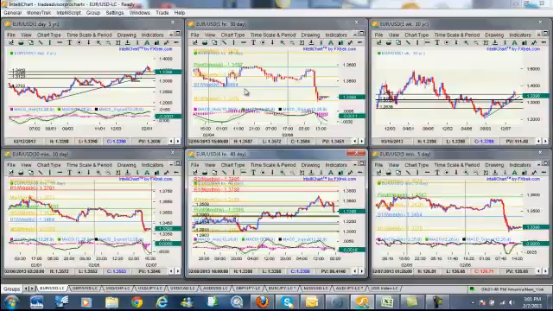If you have a 1% risk, you could lose 3%. Well, we're trying to avoid that. If the market is going to continue to drop, risk less. On the Euro USD, I'm going to end up risking 0.75, but the other trades combined would be about 1%. So we're talking about 1.75% instead of 3%.